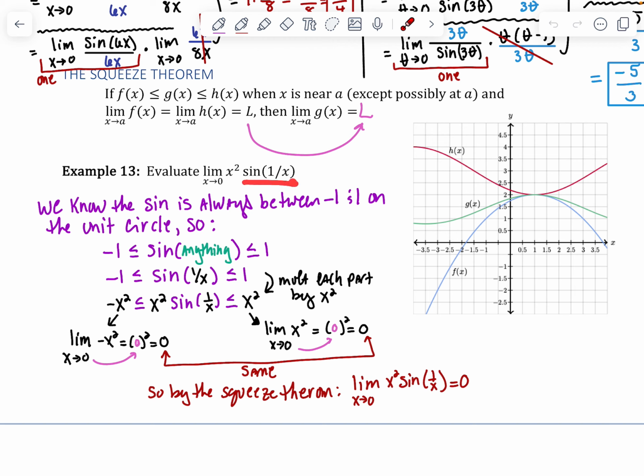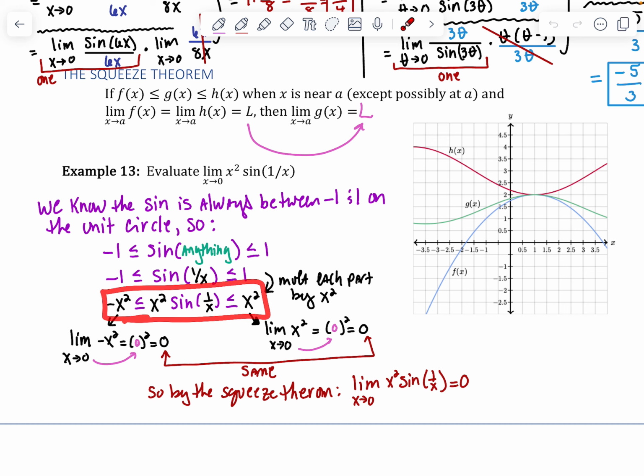Now here's the problem. We're not just taking the limit of the sine of 1 over x, it's times x squared. So I'm going to take this line, which I know to be true, and I'm going to multiply all three parts by x squared. So x squared times -1 is negative x squared. x squared times the sine of 1 over x is just x squared times that, and x squared times +1 is x squared.